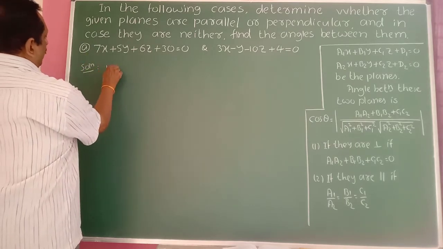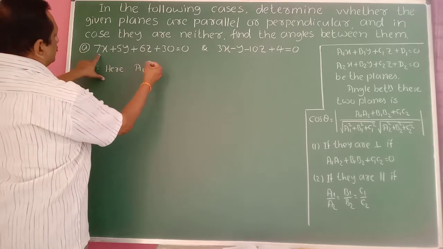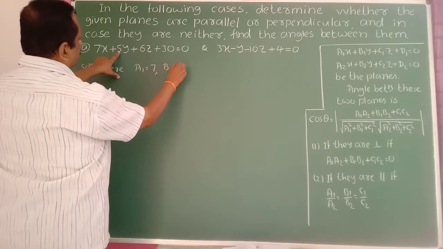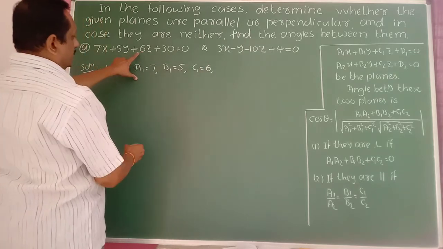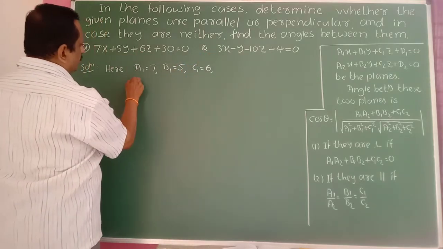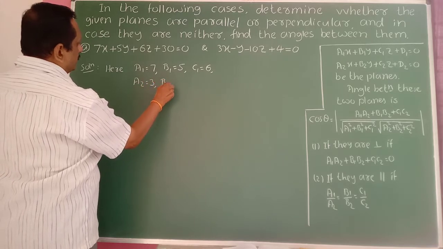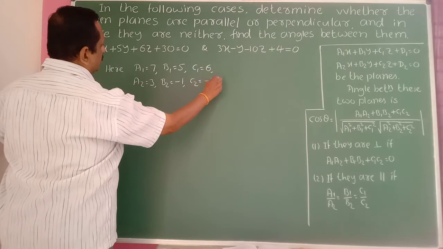Therefore, here A1 is equal to 7, B1 is equal to 5, and C1 is equal to 6. Then A2 is equal to 3, B2 is equal to minus 1, and C2 is equal to minus 10.